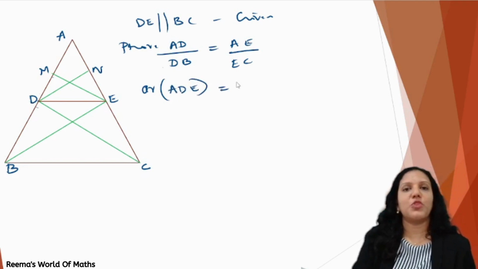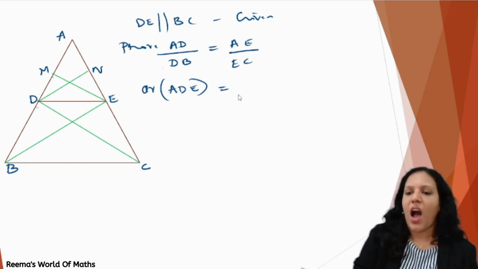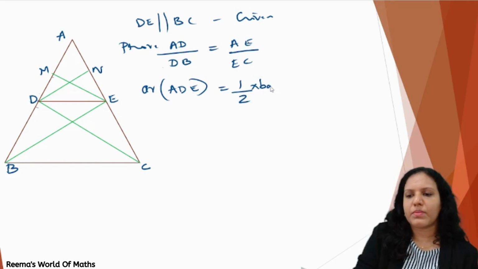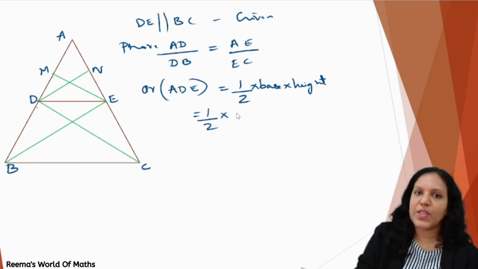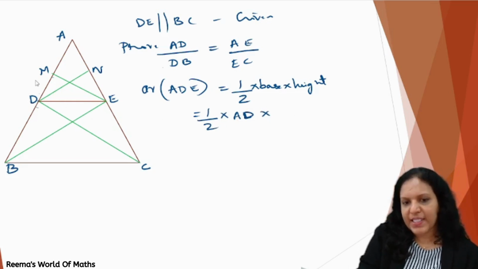What is the formula to find the area of a triangle? Half, 1 by 2 into base into height. So it equals 1 by 2 multiplied by the base, which is AD, and the height is EM. If you look into this triangle ADE, the height is EM.